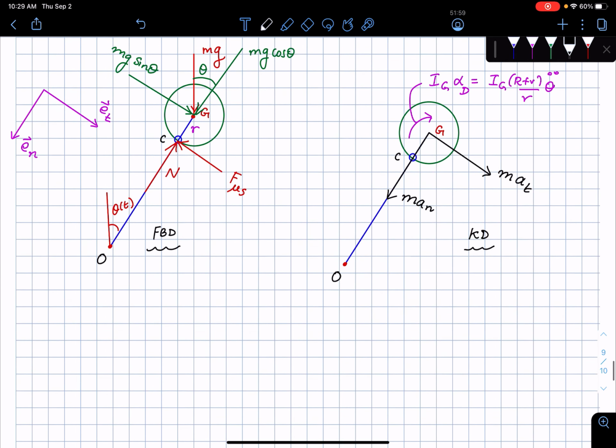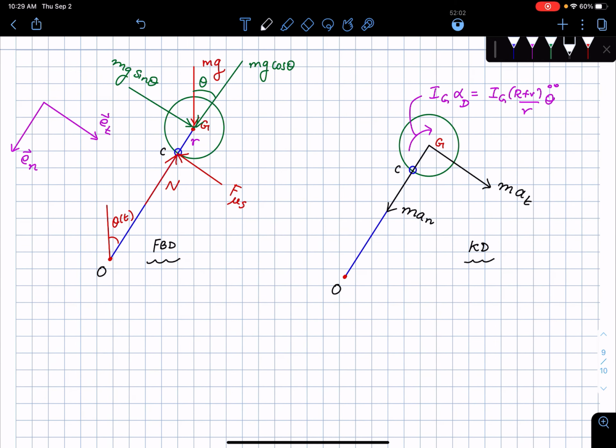So my idea is, I don't want to sum forces. If I sum forces up, then the constraints will come into play in the free body and kinetic diagram.